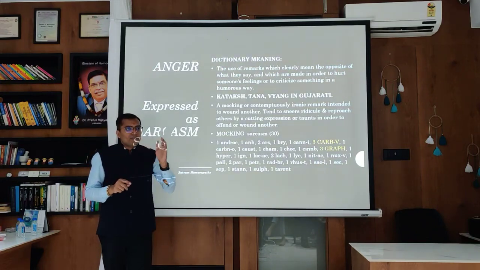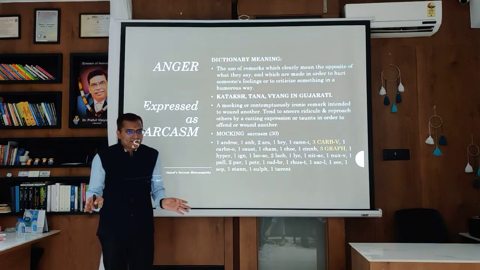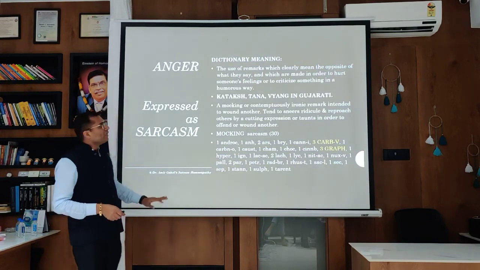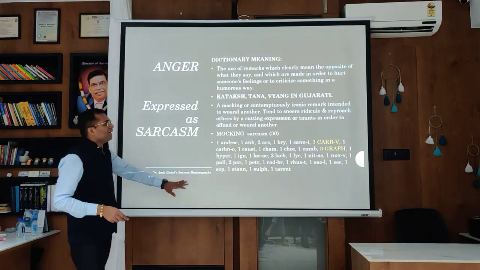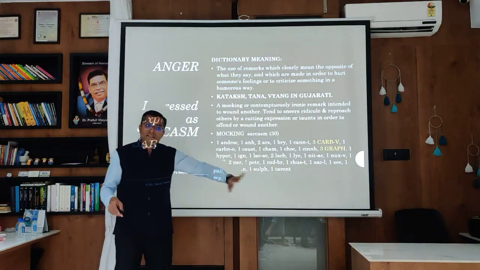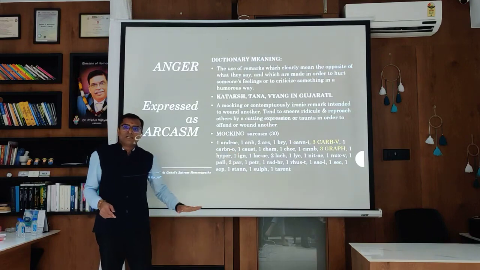The person who hears that can understand that they are telling me, but everybody else in the world understands that this is just a joke. So this is something called mocking sarcasm. We have 30 remedies in mocking sarcasm. Out of 30 remedies, the carbons have 3 marks in this sarcasm. So we have Carbo veg and Graphites.